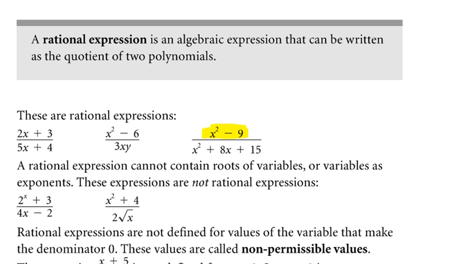So for example, 2 to the power of x, that's not going to be a polynomial, so that's not a rational expression. If we have a square root, that's x to the power of a half, that's not going to be a rational expression. So it has to be like, say, x squared, x to the power of 1 we have there, and we're going to have like x to the power of 1, y to the power of 1. That's also fine.